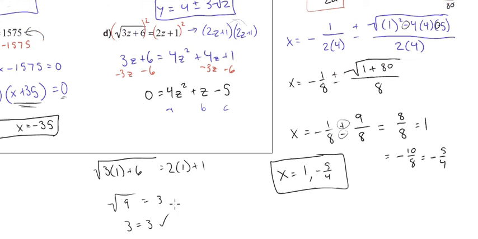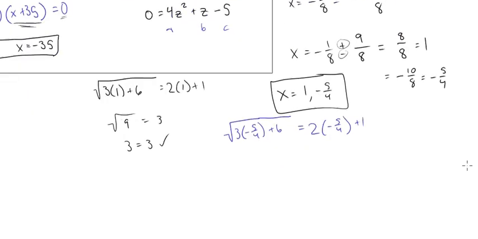Let's also try with negative 5/4. So the square root of 3 times negative 5/4 plus 6, and is that equal to 2 times negative 5/4 plus 1?